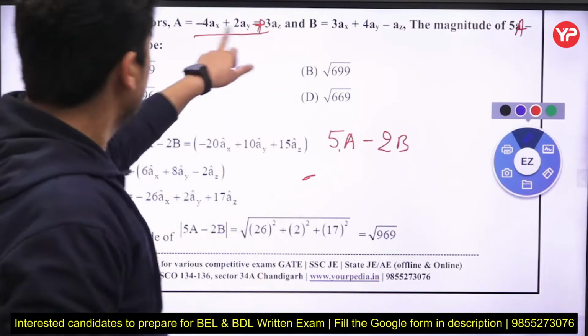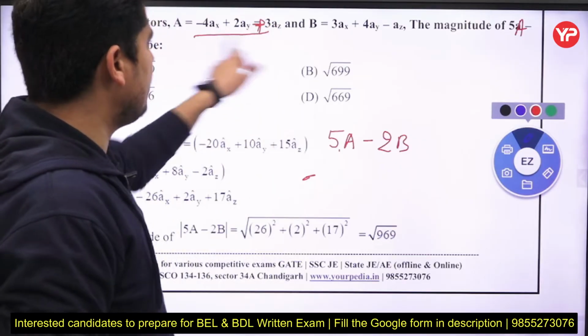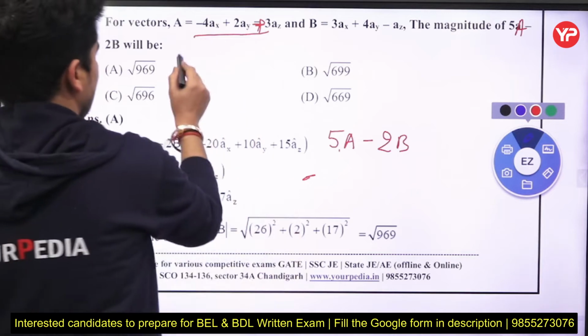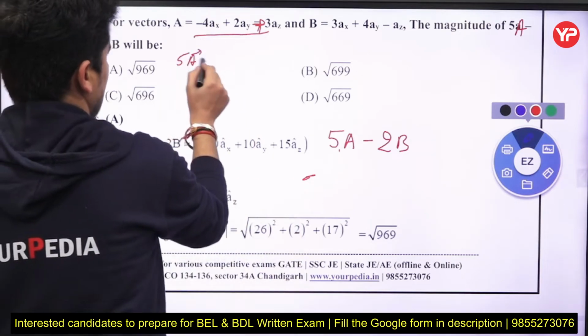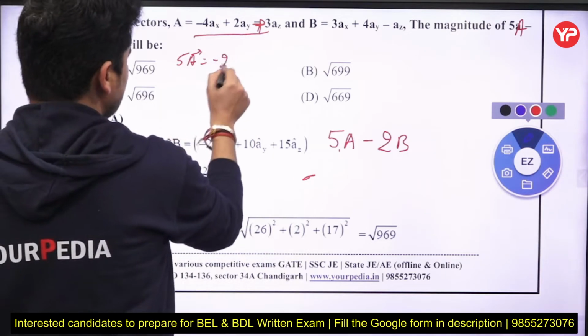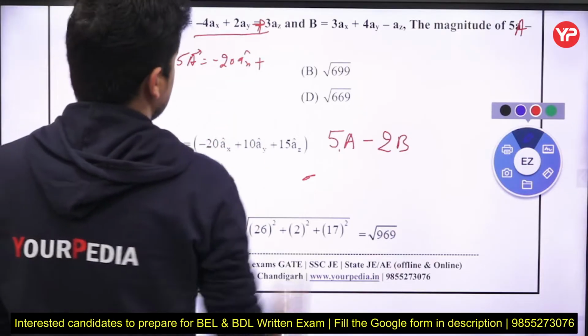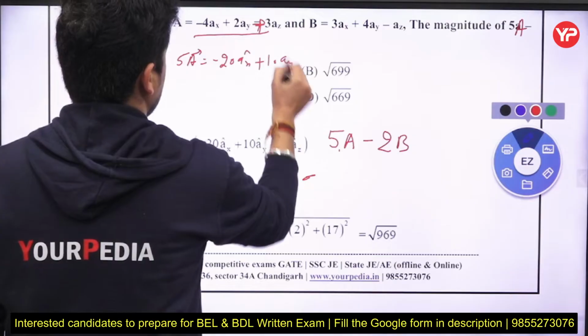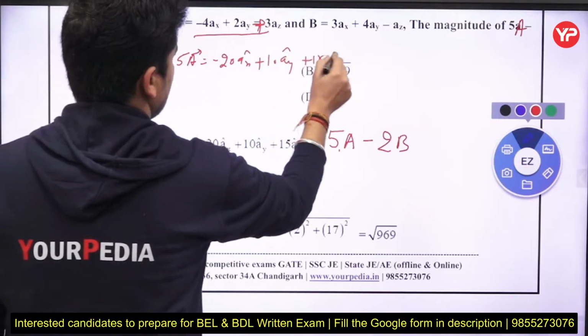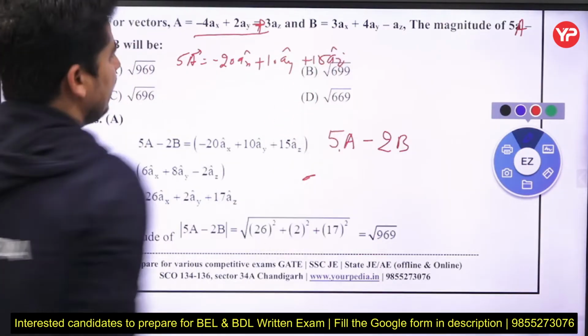This is plus. So if you multiply this complete quantity with 5, 5A becomes minus 20 ax plus 10 ay plus 15 az, correct?